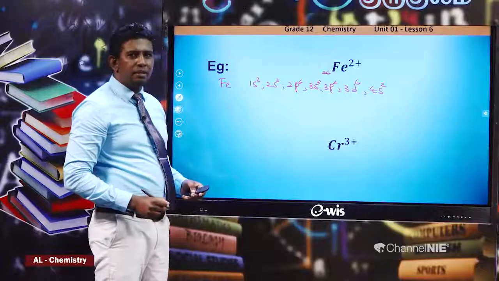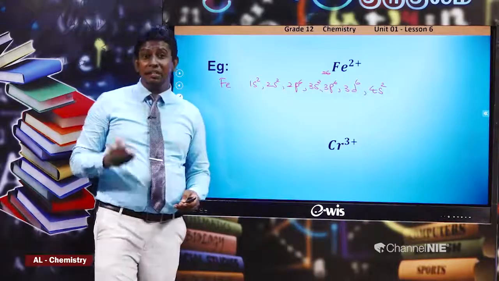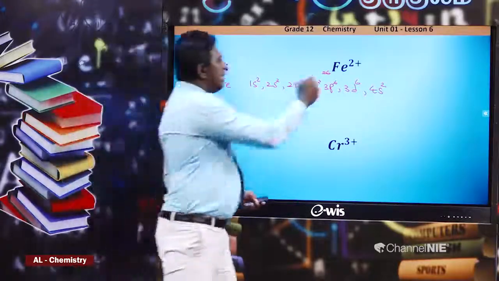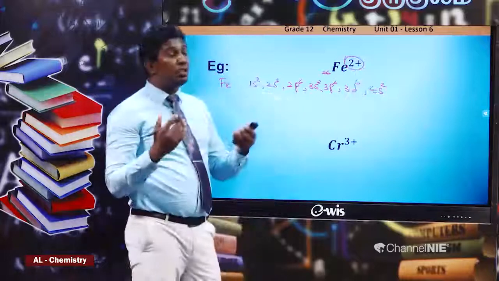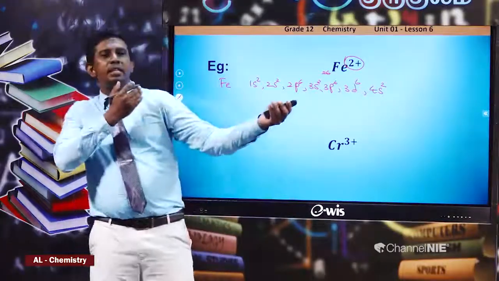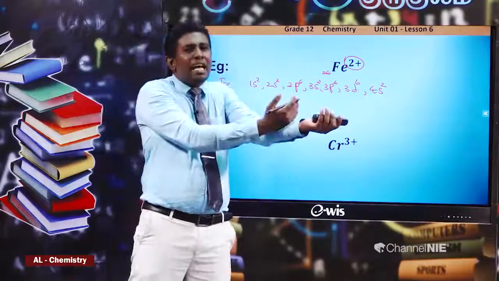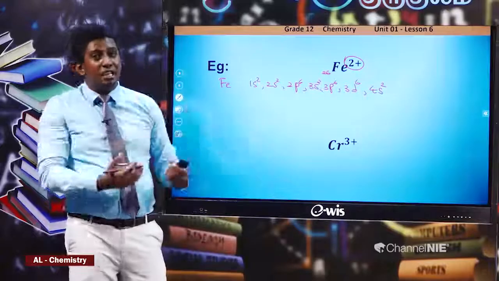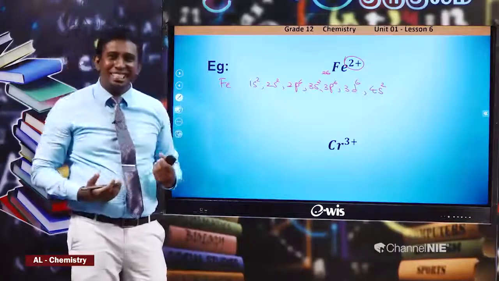First make sure you write the electronic configuration of the atom itself. Then, it has a 2+ charge, so it has removed 2 electrons. Students, it's not the same order in which those electrons got filled, but it has to be in the order of the shells' energy, not subshells' energy.